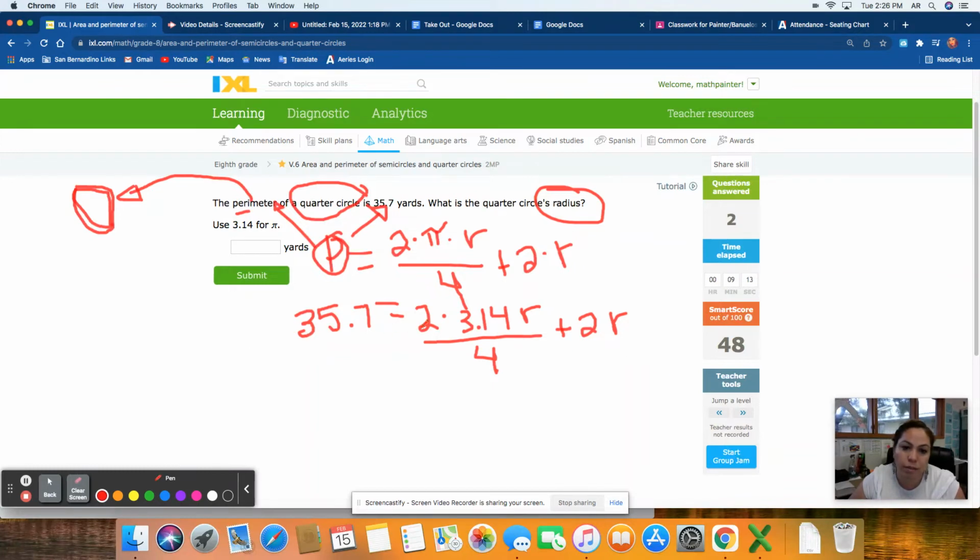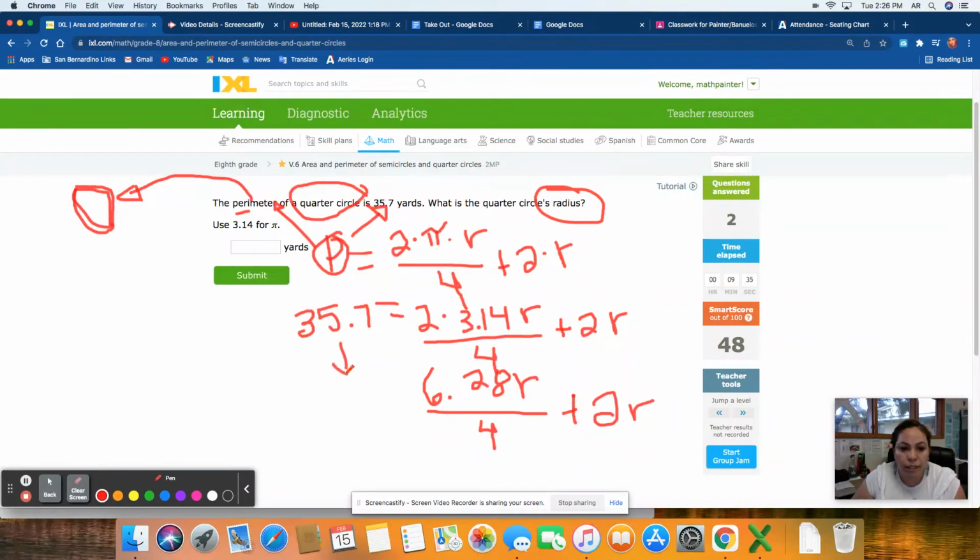Simplify. We multiply the 2 times 3.14, which is 6.28 R. We divide by the 4. We bring down the 2 and the R.